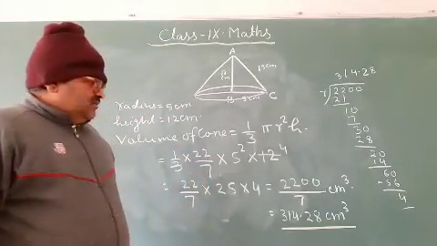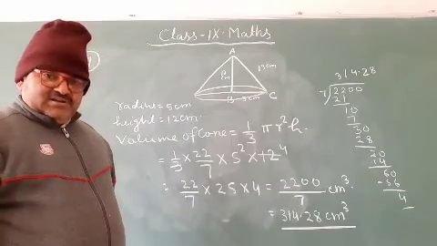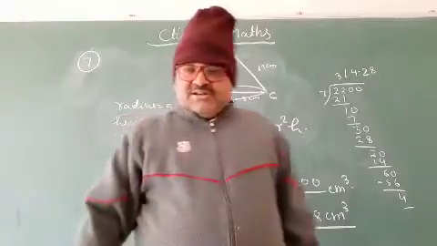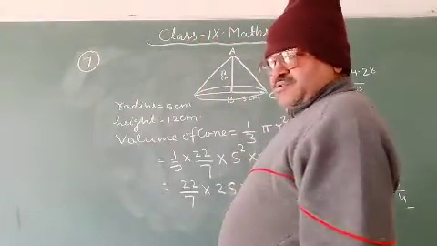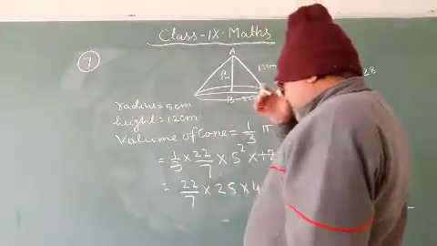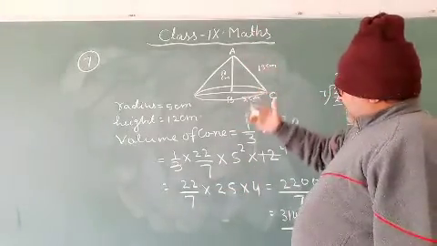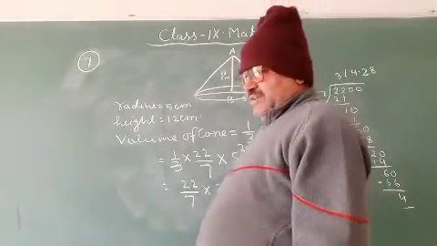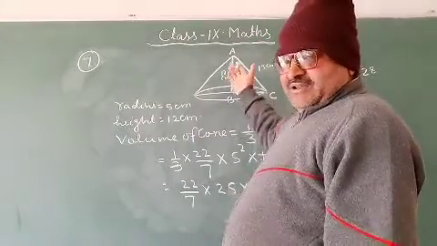Such a type of cone we find if the right angle triangle is revolved about the 5 centimeter side, then the 5 centimeter becomes the height and the 12 centimeter becomes the radius.